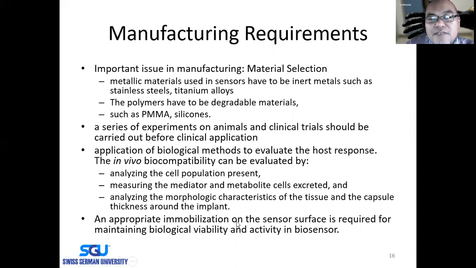An appropriate immobilization on the sensor surface is also required for maintaining biological viability and activity in a biosensor. As we introduced in the previous slide, in a biosensor we use biological molecules. It could be an enzyme, an antibody or antigen, DNA, RNA, aptamer, or whole cells, bacteria, etc. We usually put them onto a substrate material which will act as the physical transducer.